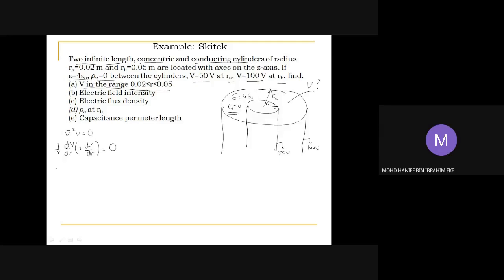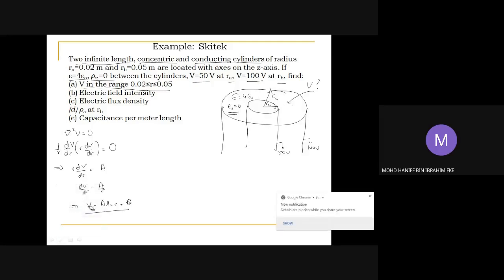Yeah, so we can now proceed with the integration for the first time. For the first integration, we have r dV over dr giving us a constant, so dV over dr equals A over r. Subsequently, for the second integration, we have V equals A ln of r plus B. That should be the general value of V in this particular region between Ra and Rb.